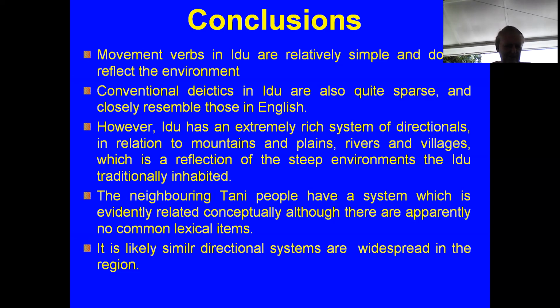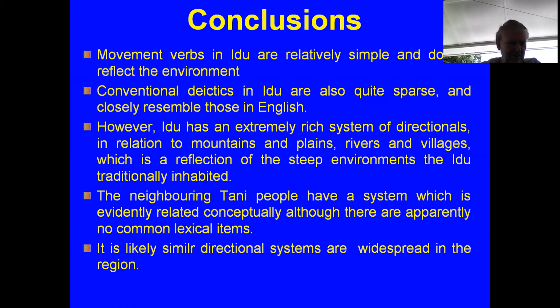It's worth mentioning, I only alluded to this briefly, but all these things have an important spiritual significance. Falling off a mountain to your death is an important way of entering the underworld, and a special part of the underworld is reserved for such people.